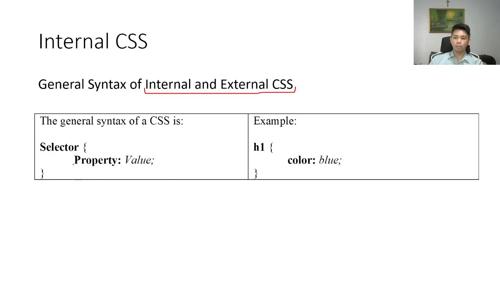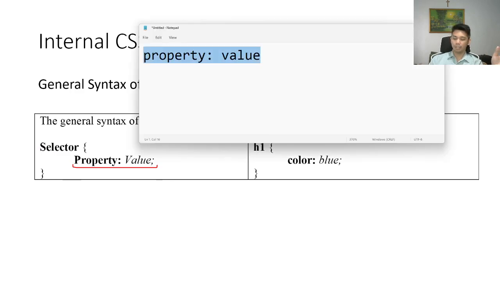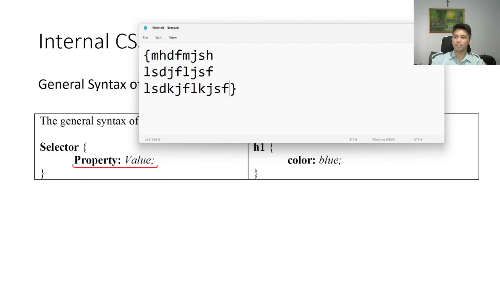Again, you will be able to see there is a property and a value, but it is inside a block. When I say block, it is the open and close, what do you call this? Braces. So whatever is inside the brace is part of one block.